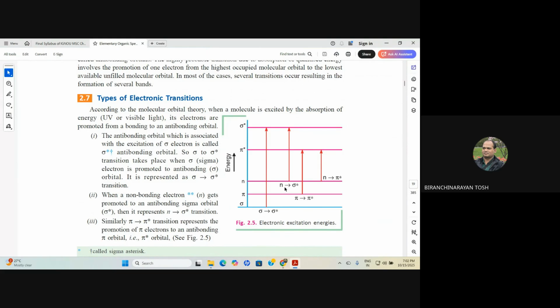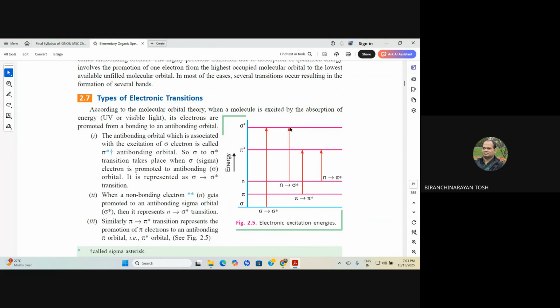And when a compound has only sigma bonds and an element which contains a lone pair of electrons, like alcohol, okay, methyl alcohol, ethyl alcohol, which have lone pairs of electrons over the oxygen atom, that will show n to sigma star transition, because all the atoms are joined by sigma single bonds.